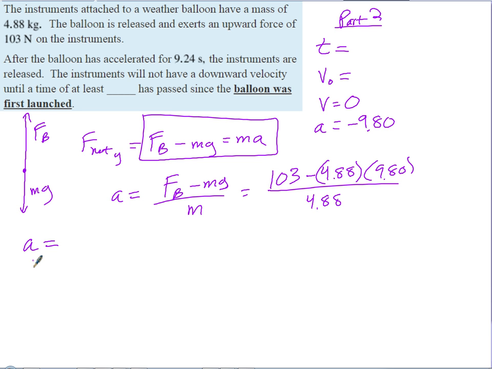What else do we know from part A? We know time. Good. Time is 9.24 seconds. What's our initial velocity? 0. And our final velocity is what we're really trying to find, isn't it? Okay, so let's calculate acceleration.